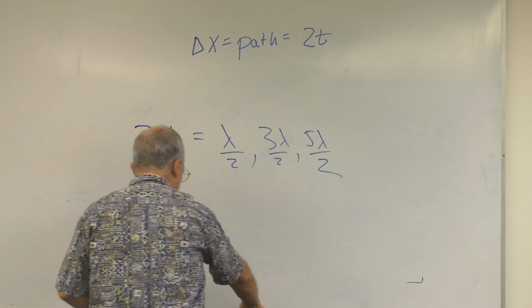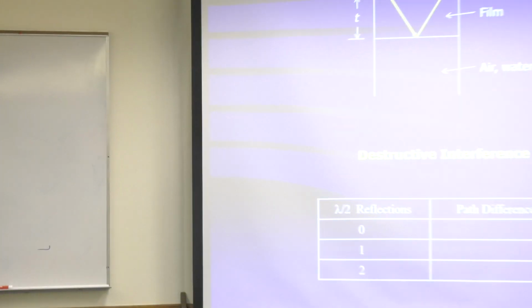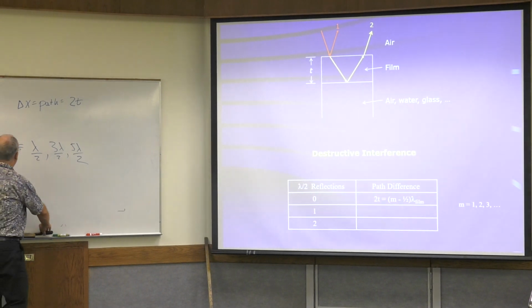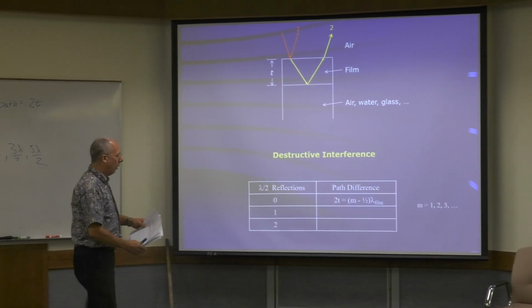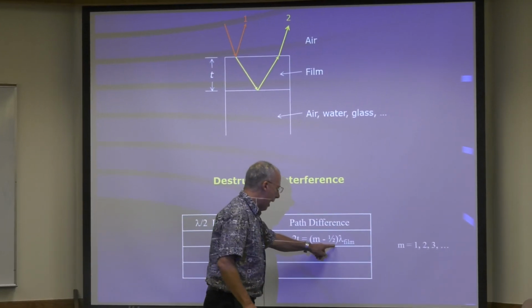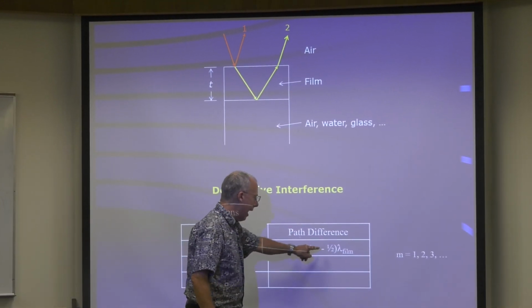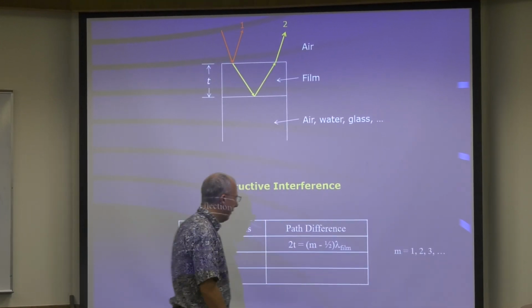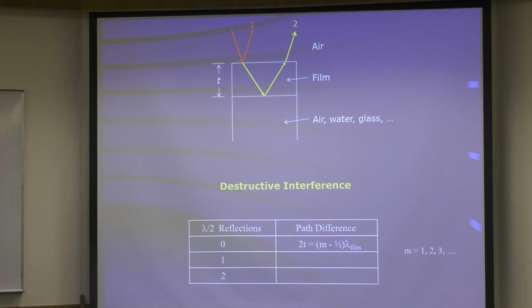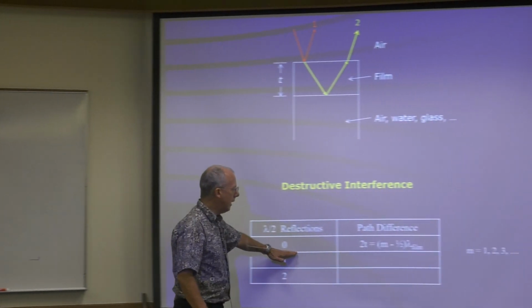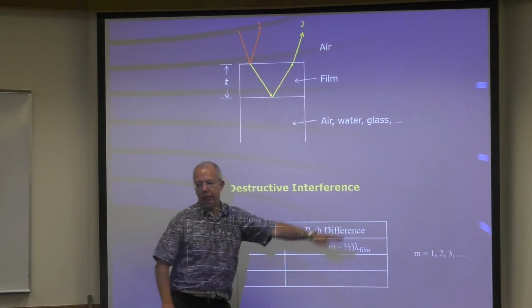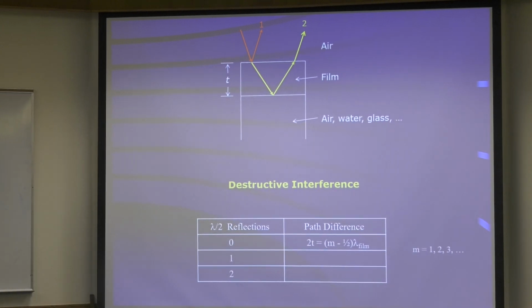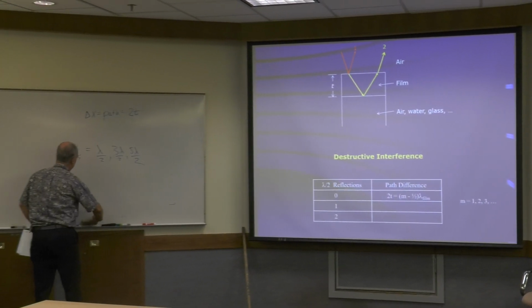How do we do that? So that's one way you can do it, right? 1 minus a half is a half. 2 minus a half is 3 halves. 3 minus a half is 5 halves. Bingo, you got it, right? So this guarantees that we will have destructive interference. To the next one.